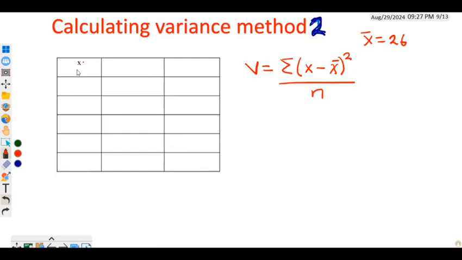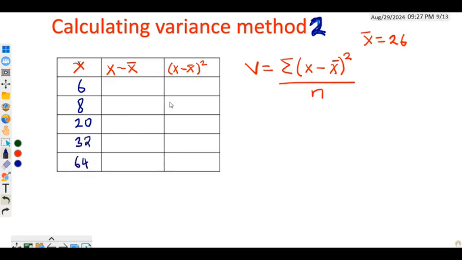So here we have x, then here we have x minus the mean, then here we are going to have x minus the mean squared. Then from there we are going to write the values here, of which we have 6, 8, 20, 32, and 64.